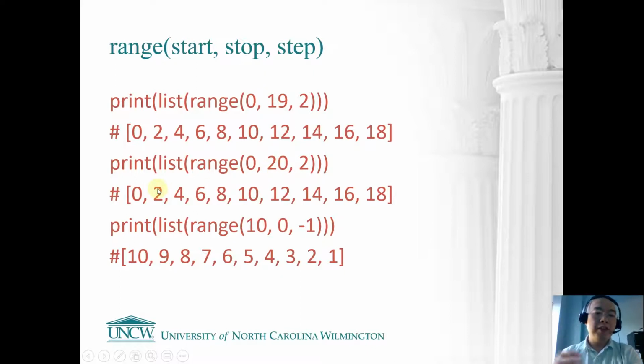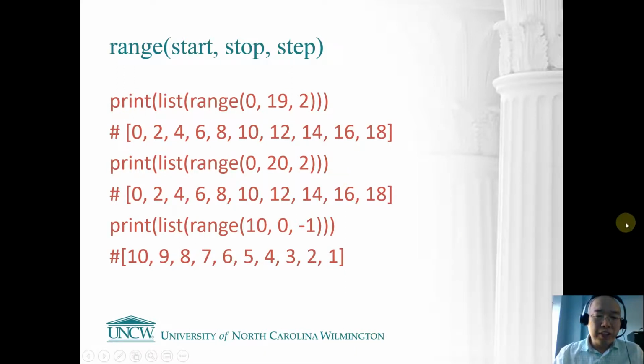So we start from 0, 2 again, but after 18, we cannot go to 20. And this part, again, after 18, we do not have 20. So it's kind of funny because even though we have two different ranges, we stop at different points, but since the step size is 2, actually for those two versions of the ranges, we are having the same thing, right?